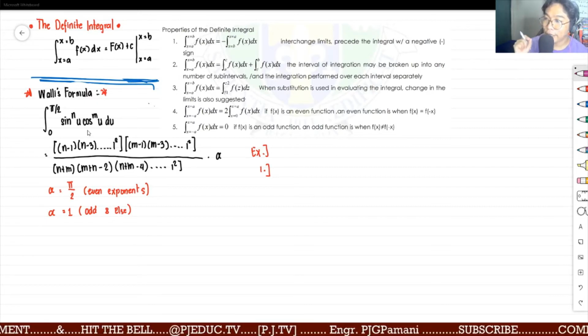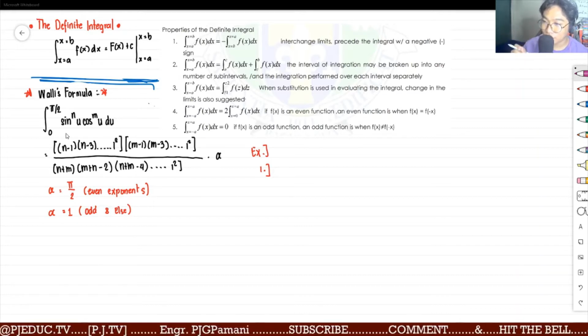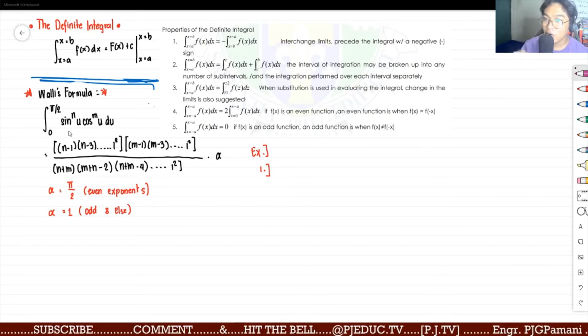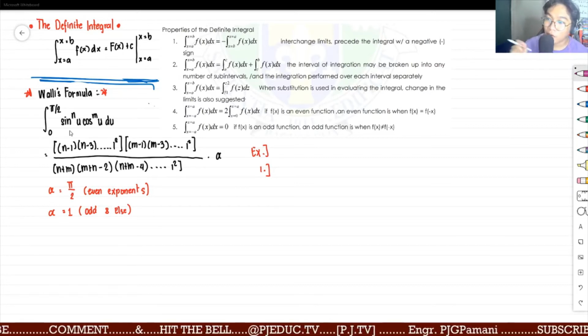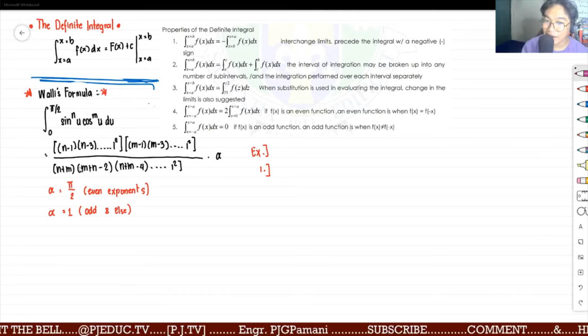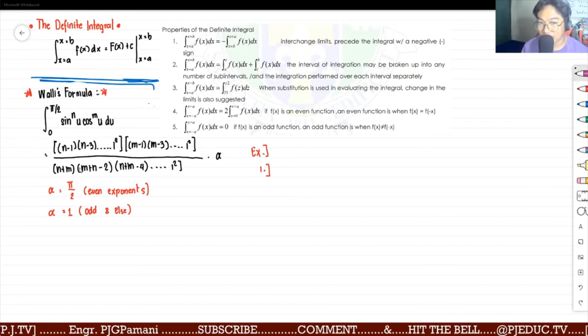Ulitin ko, if the limits only consider 0 to pi over 2, and the integrands are in terms of the product of sine and cosine, or sine only or cosine only, then the exponents are either even or odd.